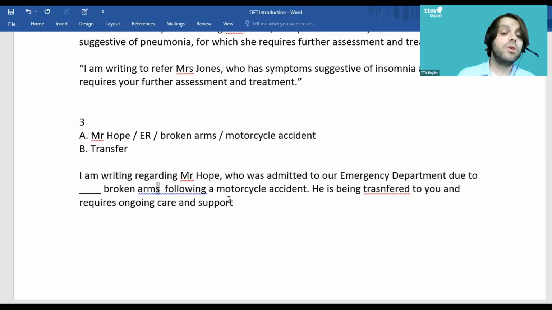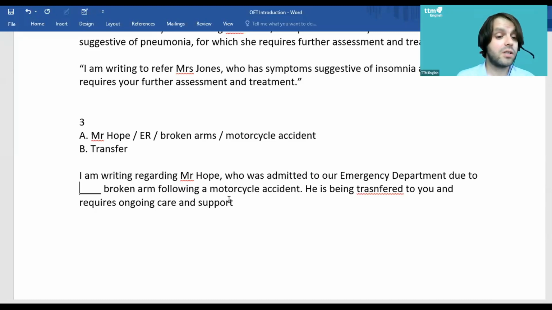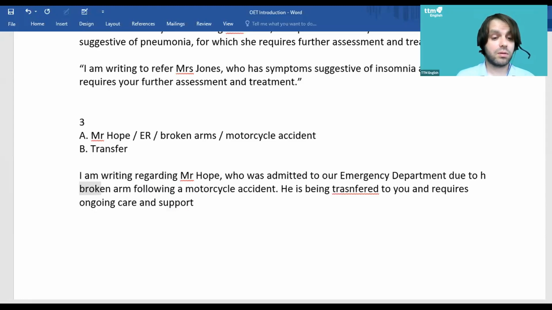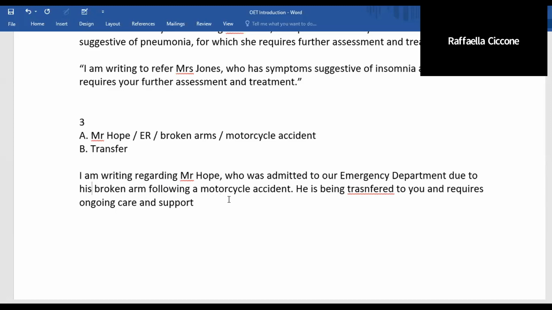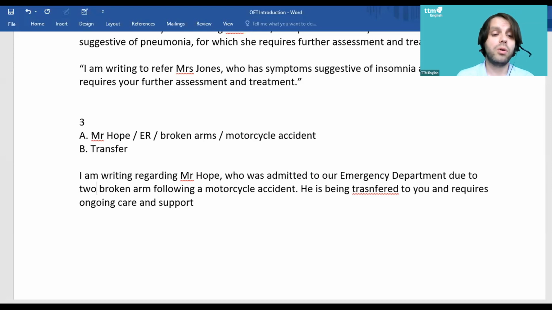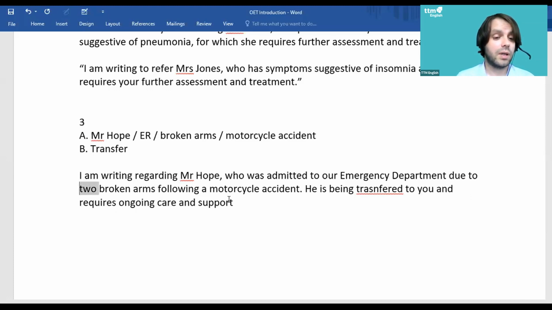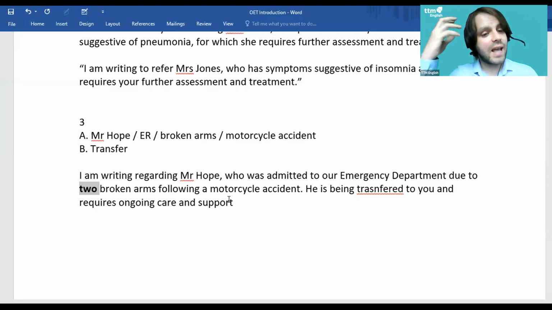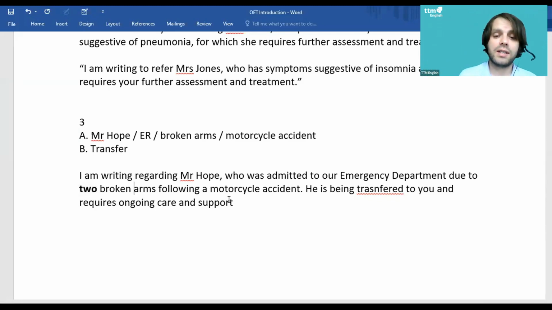Now, usually the rule, isn't it, when you talk about body parts, is you say his or her, don't you? Yeah. But not in this situation. This is an exception. I would put 2 broken arms. I don't know why. Plural. Okay, that's an exception. Usually talking about body parts, his arm, her leg, his head. Yeah, but not in this case.